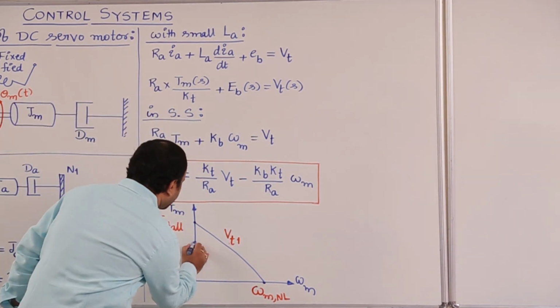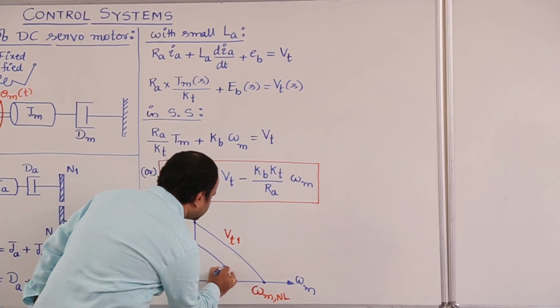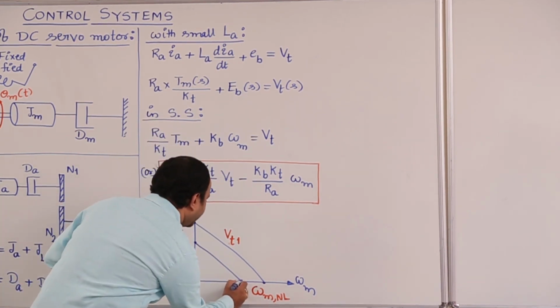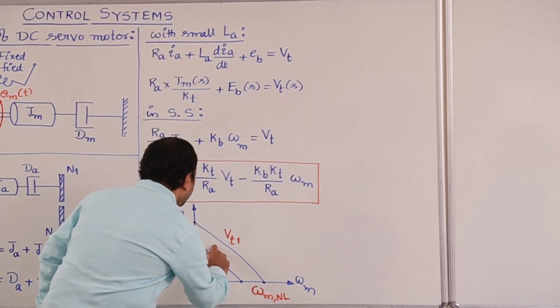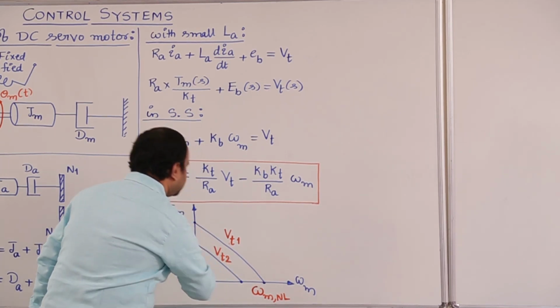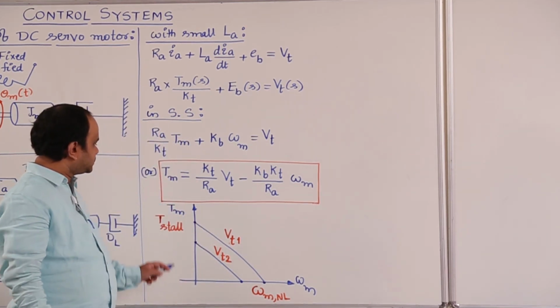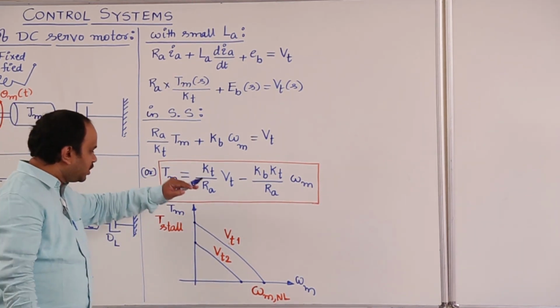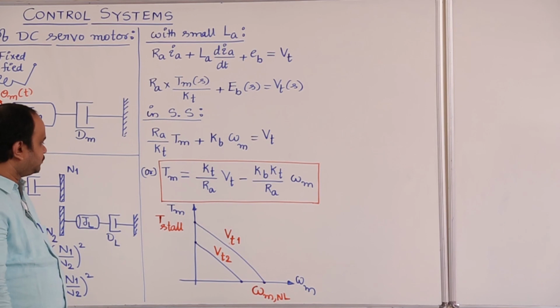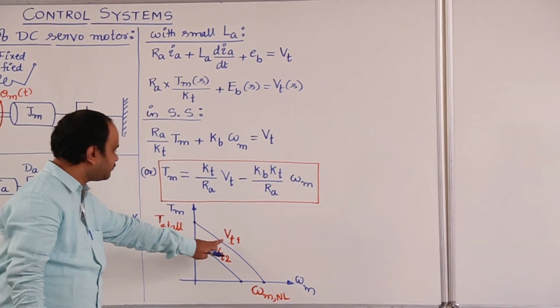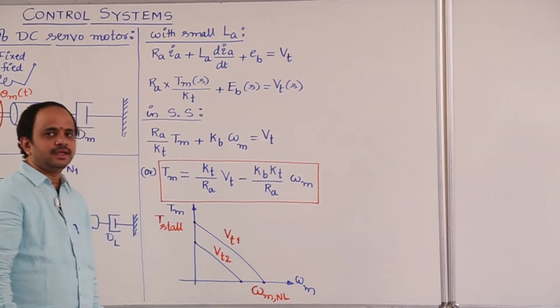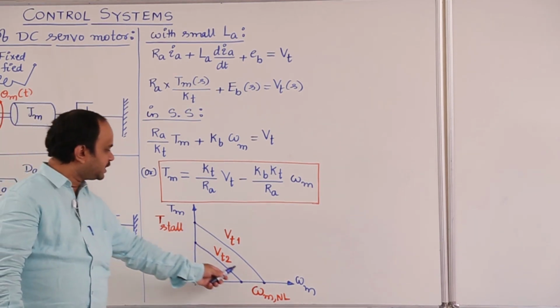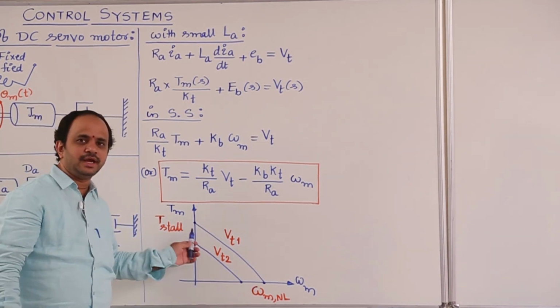Similarly, for different values of terminal voltage, we will get a family of curves. This is the torque speed characteristics. One important point to take away from this discussion is that DC servo motor torque speed characteristics will have a negative slope.